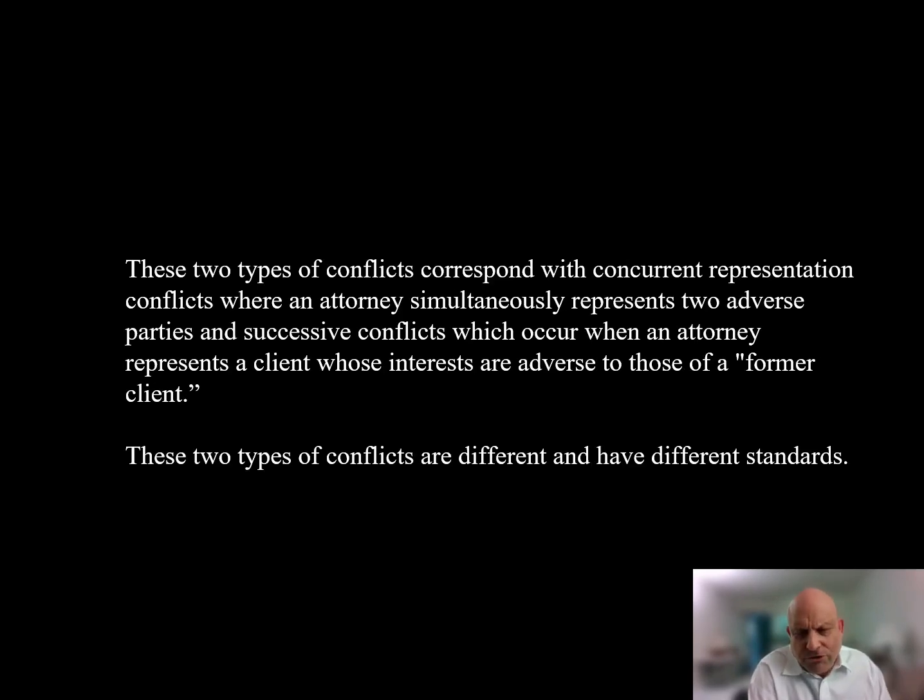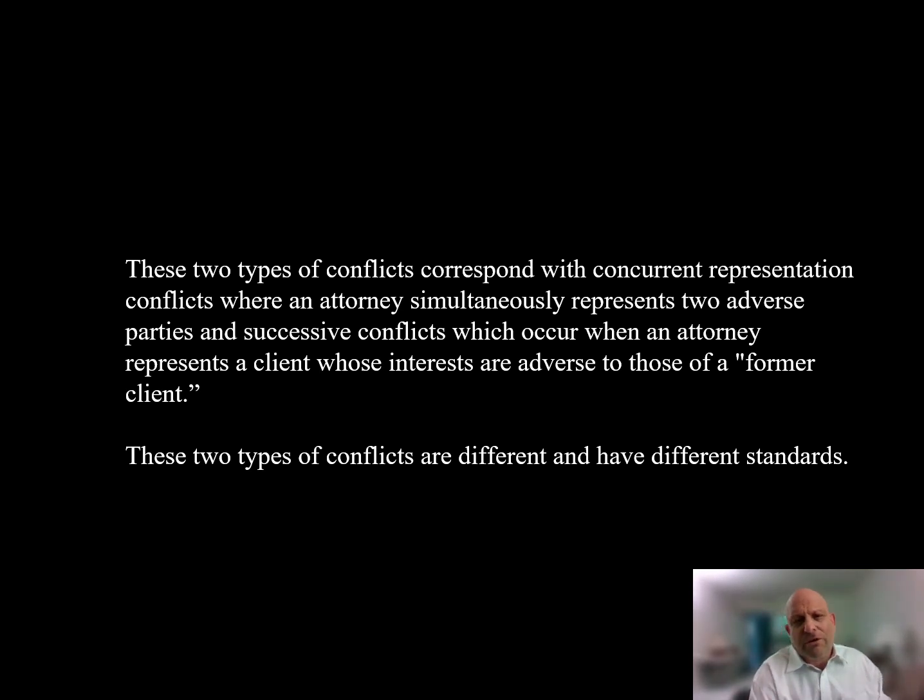All right, so the opinion goes on to make the distinction between concurrent representation conflicts and successive conflicts. What's important about that is that there's a different standard. A successive conflict is when you represent a new client that may have a conflict with a former client.